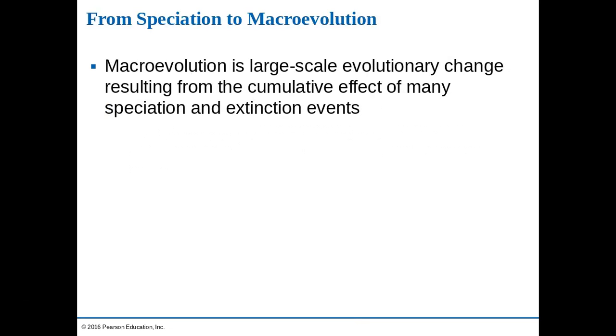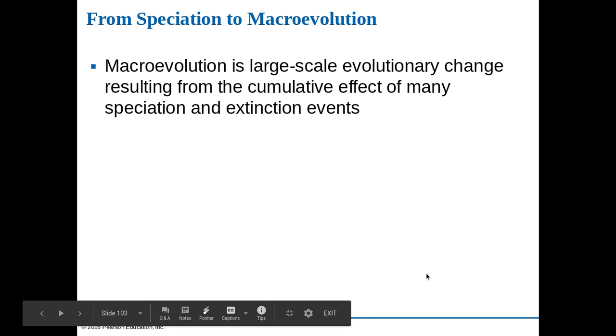So essentially, when we're looking at macroevolution, we started off in the evolution unit talking about very, very small scale evolutionary changes, the changes in allele frequencies. But as those allele frequencies accumulate, we eventually see large scale evolutionary change, which results from the cumulative effect of many species arising and many species going through extinction. And over time, we see those big sweeping changes, which we consider to be macroevolution.